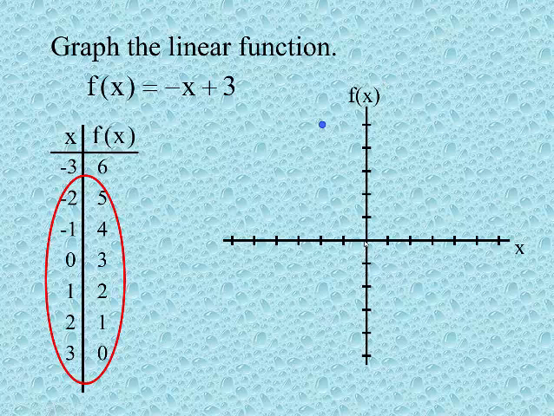So I'm going to plot these points. -2, and then f of x is 5. -1 and 4. 0, 3. 1, 2. 2, 1. And 3, 0. And now I can draw the line through these points. And this is just the graph of this function right here.